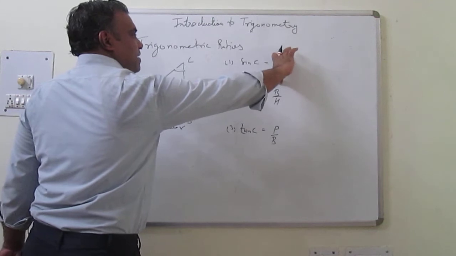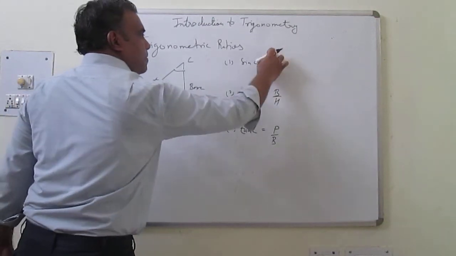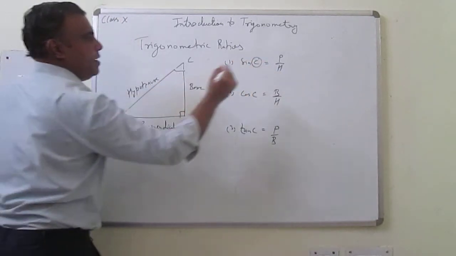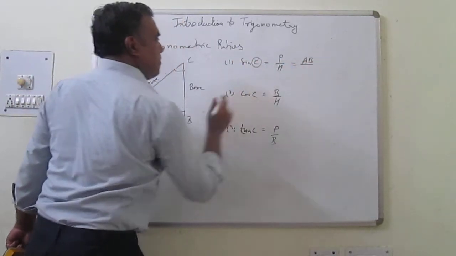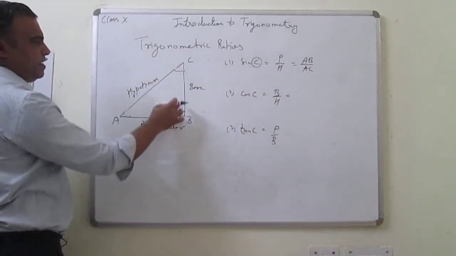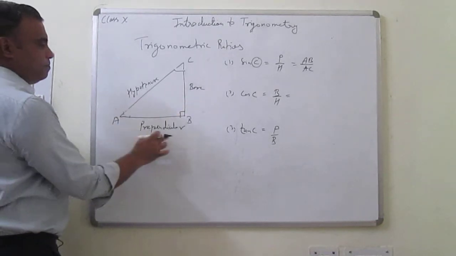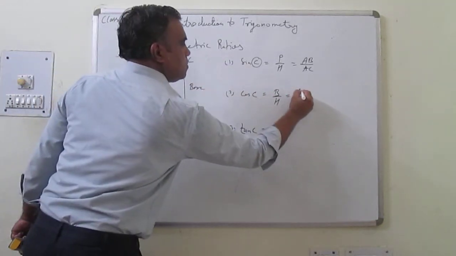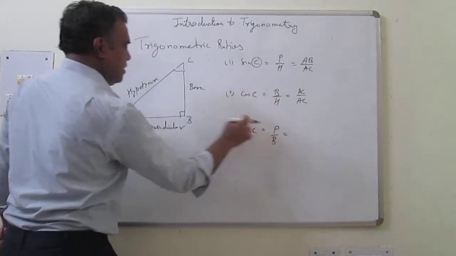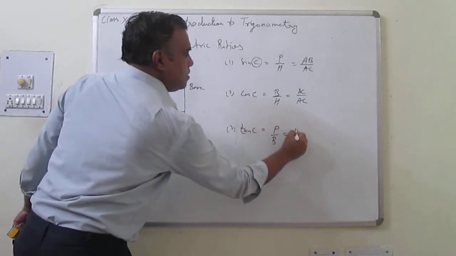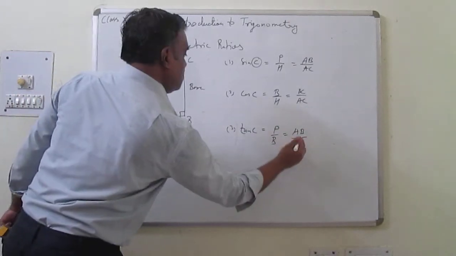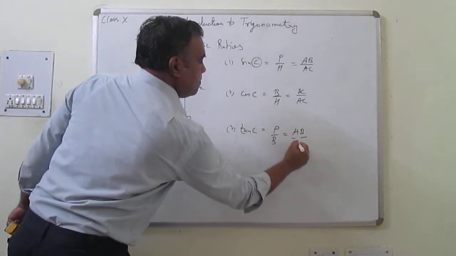Now the formula remains the same, P upon H, but here perpendicular is changed. In sin C, the perpendicular is AB upon AC. Hypotenuse is the same. Base is BC upon AC, and tan C is AB upon BC.